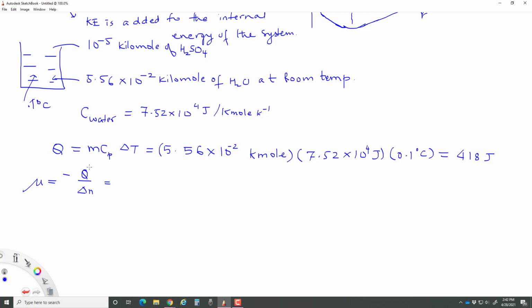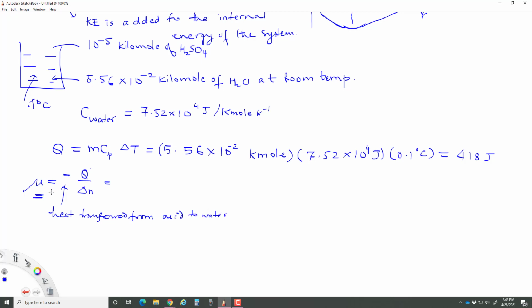And here this negative sign is because of heat transferred from acid to water.